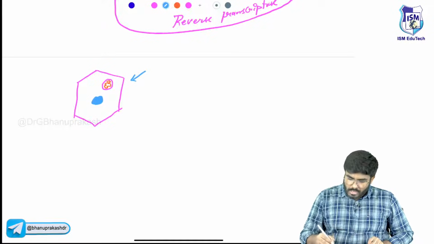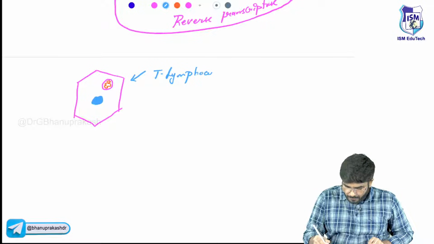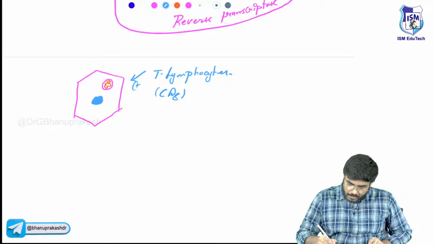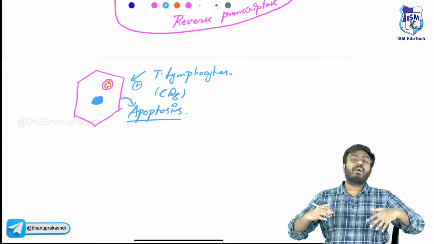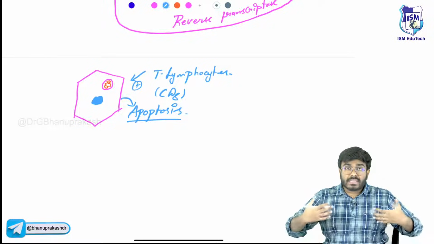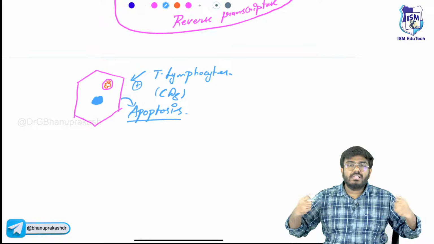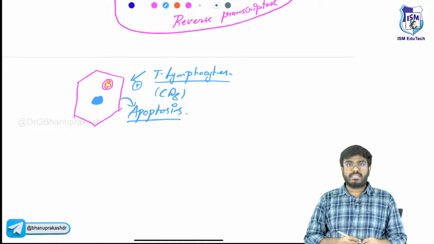So our T lymphocytes, especially CD8 T lymphocytes, will induce apoptosis of this hepatocyte. These hepatocytes will commit suicide, because there is this virus growing inside them. So apoptosis is induced by these lymphocytes.